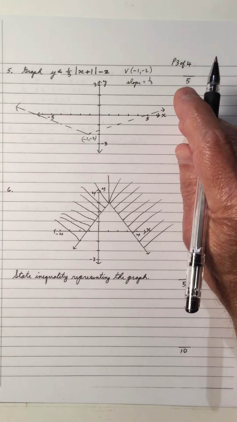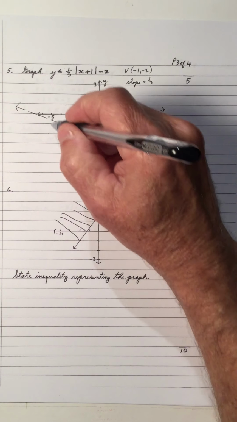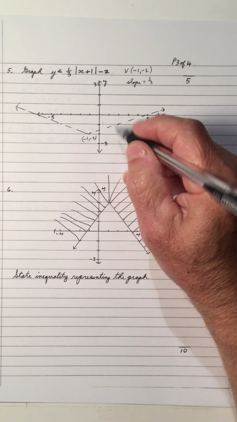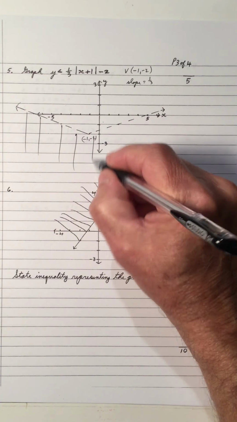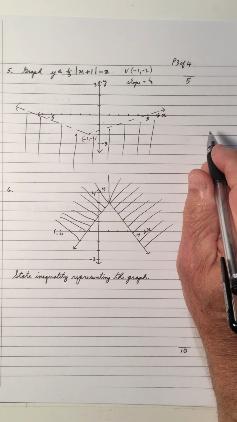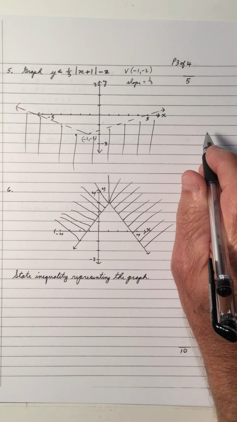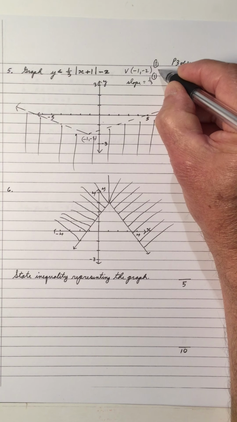So now next step is that it's less than. Greater than is above, less than is below. So we come down. So all these points down here satisfy this inequality. And if you got the vertex, you got a mark. If you got the slope, you got a mark.